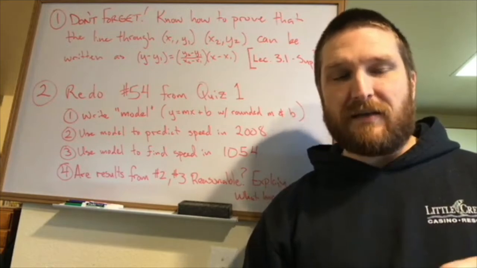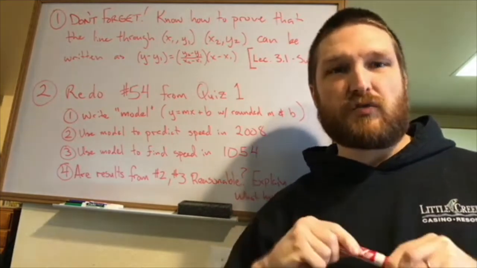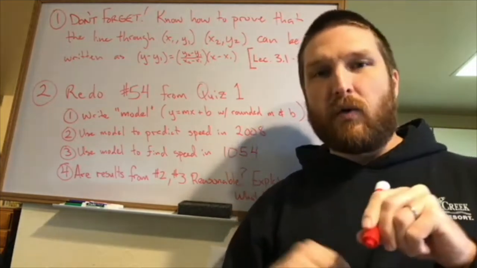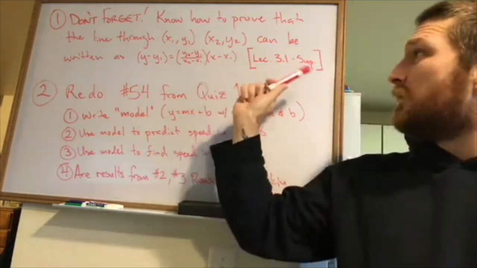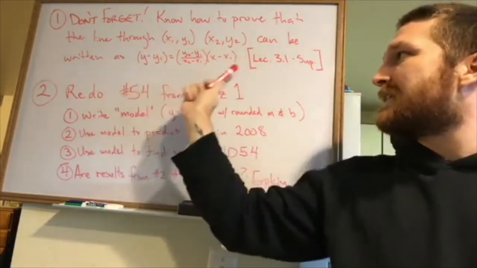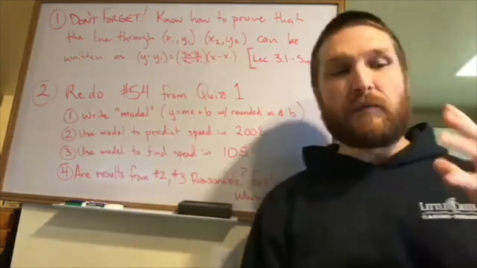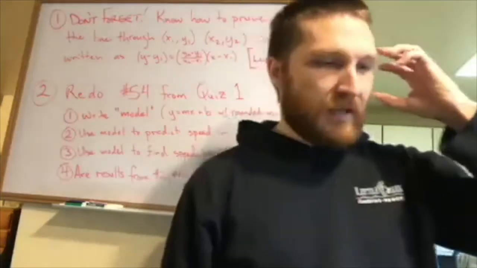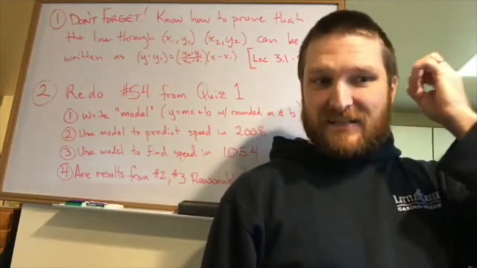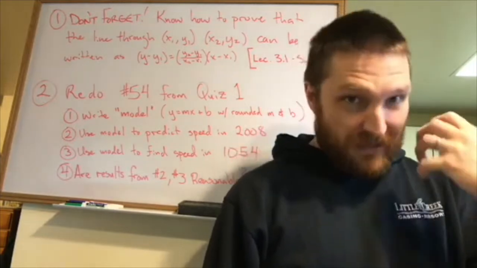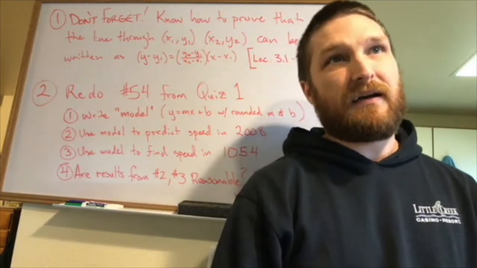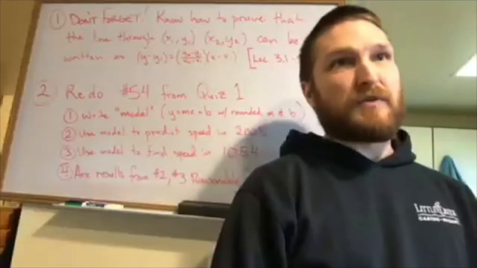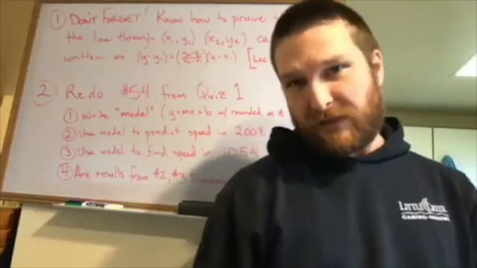If you can reproduce on paper what I have done in lecture 3.1, then the formula is not the point, but the method will be lodged in your brain. If you can call that up at any time, you're going to be leaps and bounds ahead of most people. This is a big takeaway.